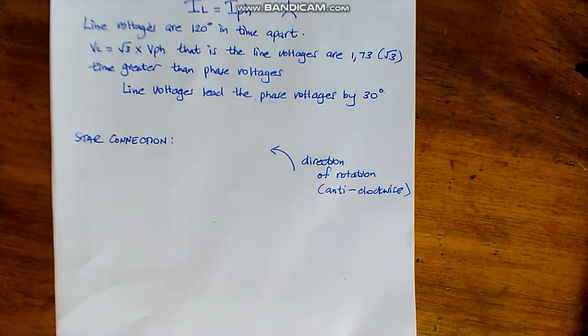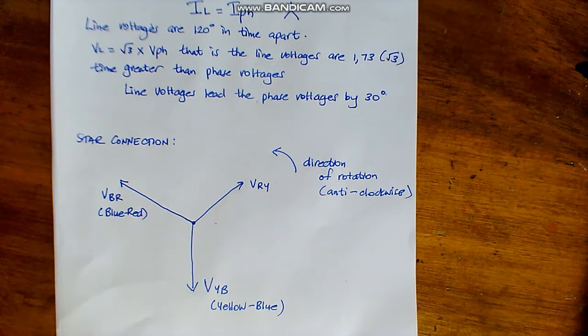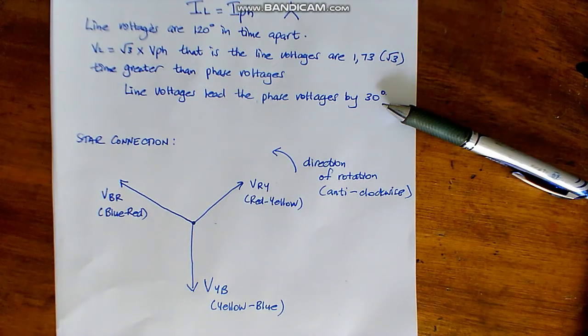So even with generators, the stator windings are 120 degrees apart from each other, and this produces the magnetic rotating flux in a generator. So here we have VBR, VRY and VYB. These are 120 apart, and these are your line voltages.